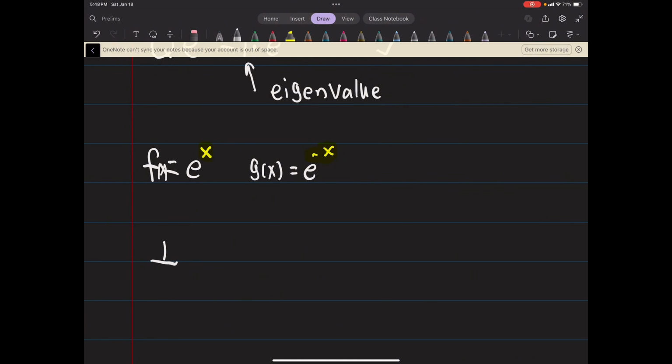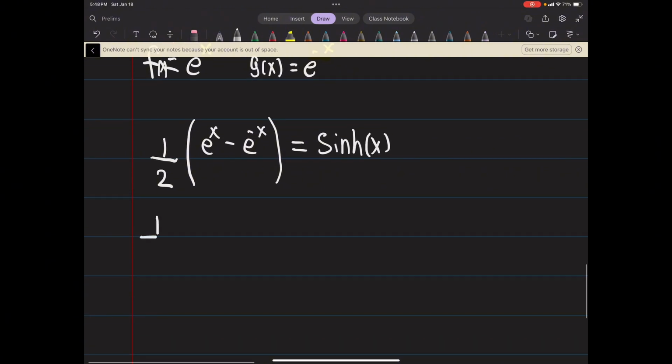If you're not familiar, I think I have a video going through some problems related to this in chapter 2. This is the definition of sinh of x. And very similarly, only difference is there's a plus here, this is the definition of cosh of x.